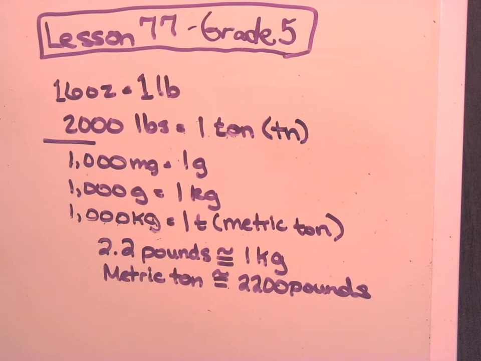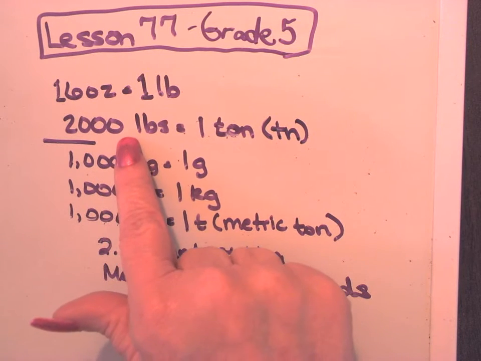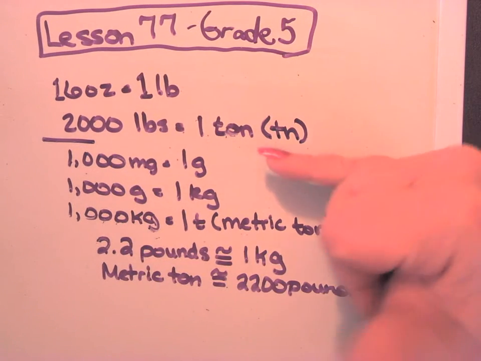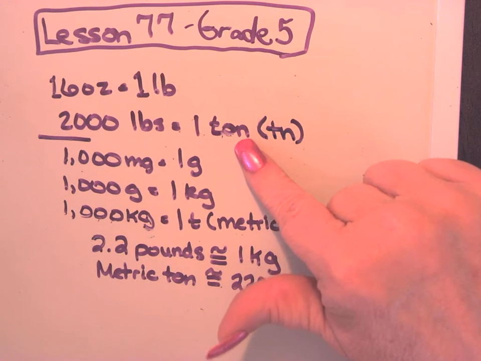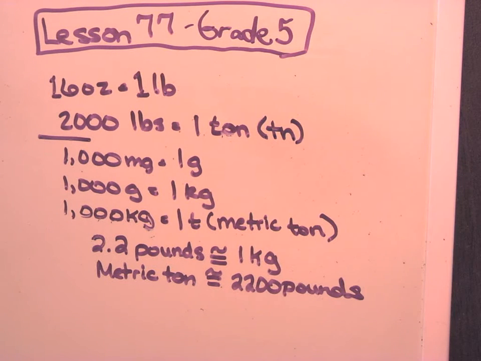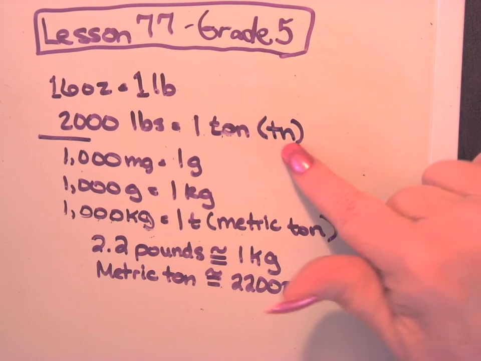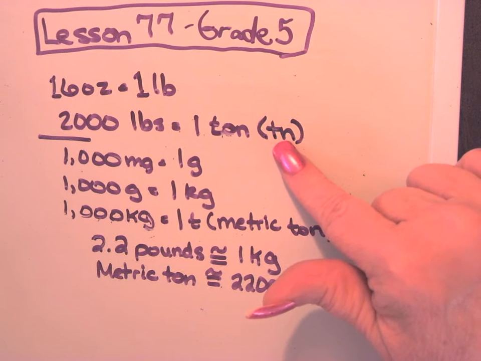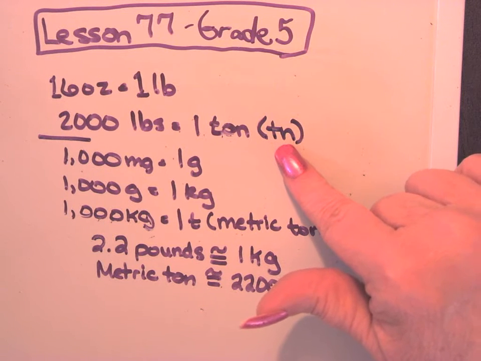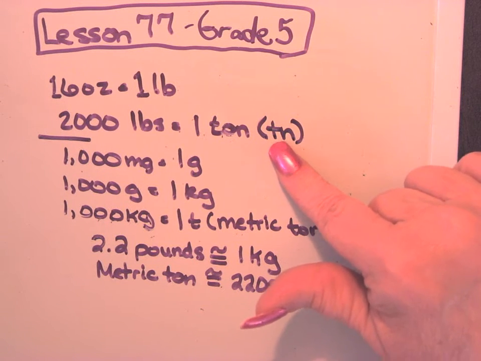Now I don't want you to try and find something that's 2,000 pounds, because that's actually a ton. When we say something weighs a ton, we're actually saying it weighs 2,000 pounds. 2,000 pounds equals 1 ton. And that's the abbreviation for the standard U.S. standard ton, TN, for a ton.